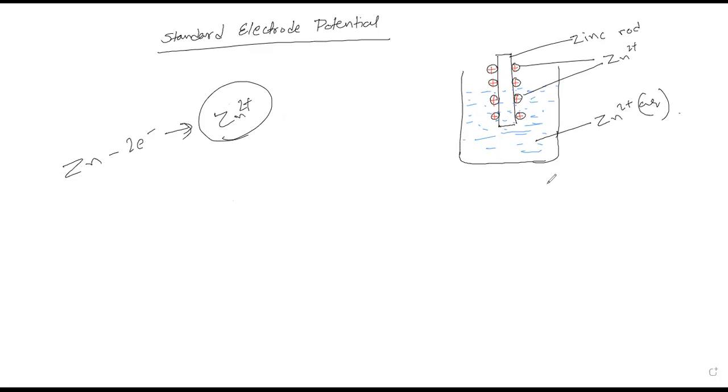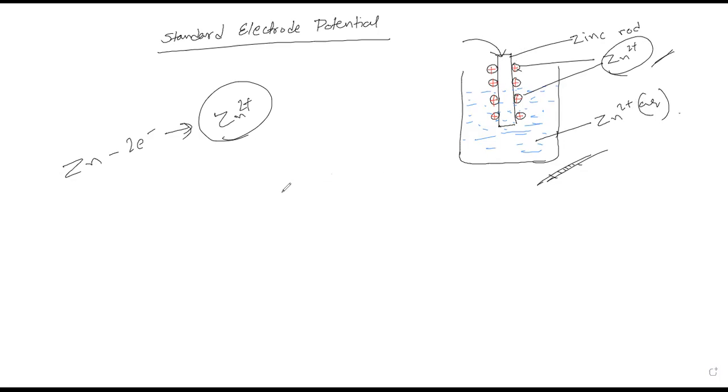Now, in terms of this example which I have just drawn here, zinc metal in its ionic state has a valence of Zn2+. The zinc rod, or you can say the electrode, tends to donate electrons, forming positively charged ions.